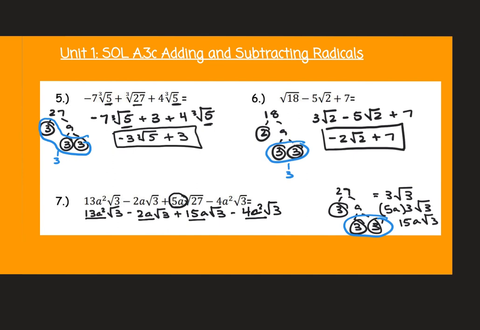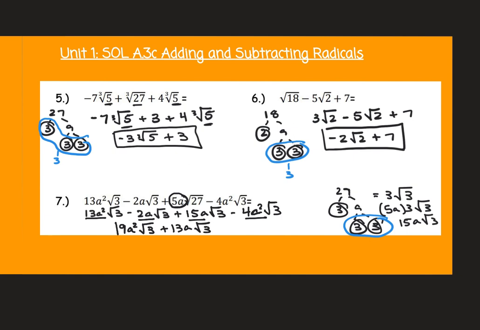So I have 13a squared minus 4a squared, which gives me 9a squared times the square root of 3. Here I have a negative 2a and a positive 15a. To combine them, I get a positive 13a times the square root of 3.